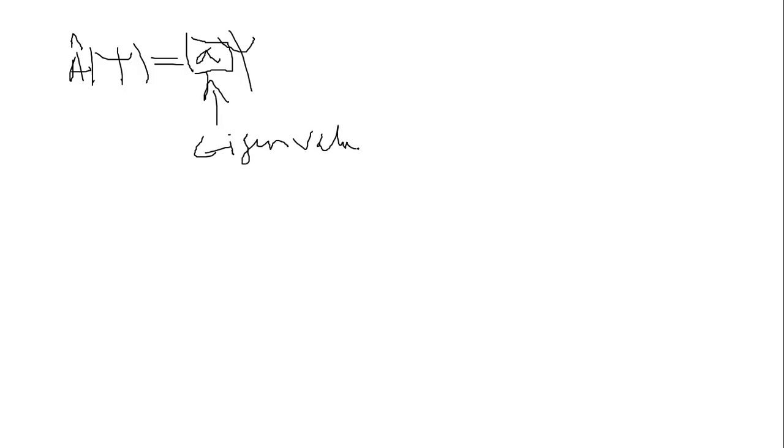When we operate a certain operator on a particular state, and we get a real value and the state remains unchanged, then in that case we call that value a the eigenvalue of the operator A.